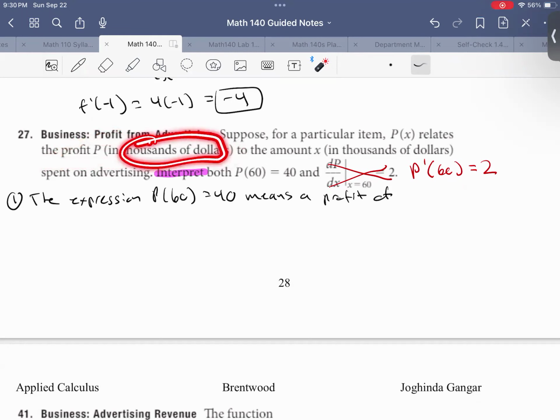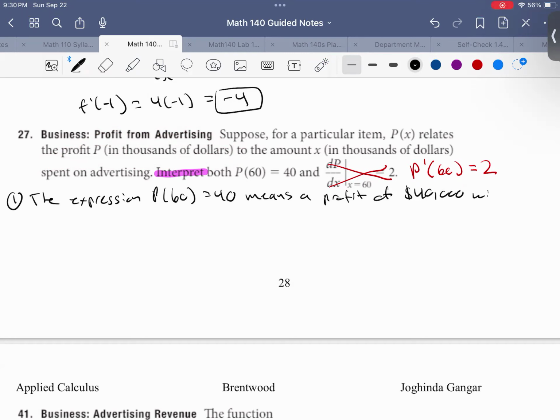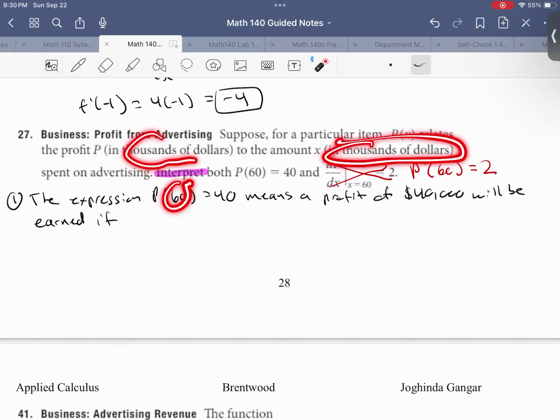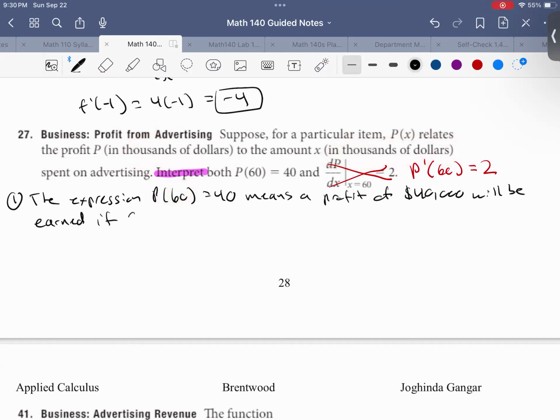Because we're talking about thousands of dollars, means a profit of $40,000 will be earned if how much is spent on advertising? If not $60, right? That doesn't make sense. If $60,000 is spent on advertising. Okay, so that's what this one means, right?